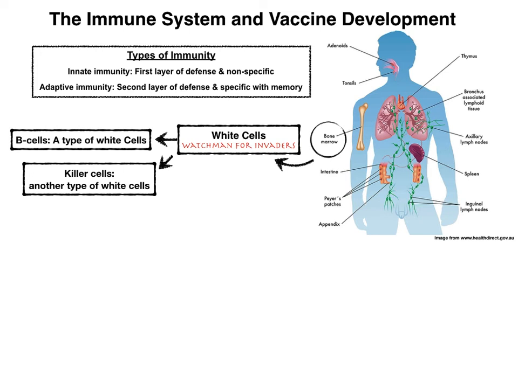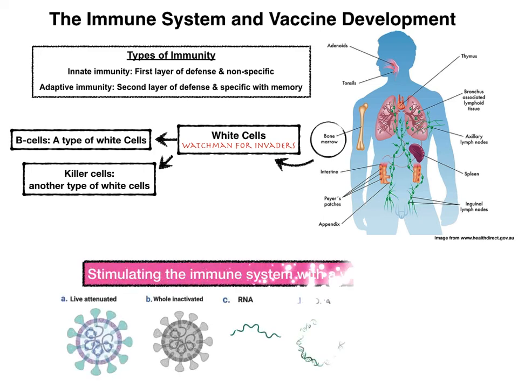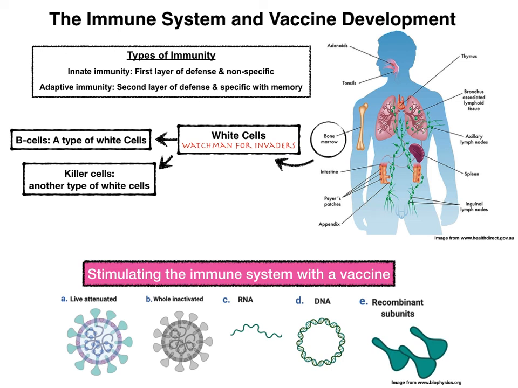One of the best ways to protect ourselves against infection is to stimulate the immune system with a vaccine. So that's where I want to touch a little bit upon vaccine development. For example, the polio vaccine consists of inactivated viral particles. These are unable to initiate an infection but are recognized by the white cells of the immune system.